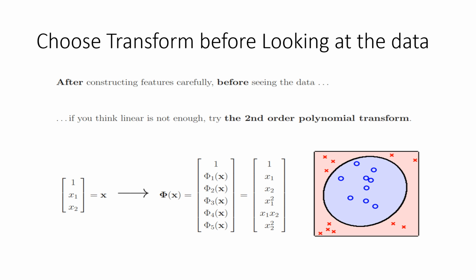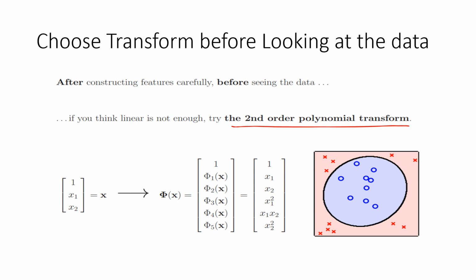Now, one recommendation is if the problem needs flexibility, and you think you cannot do it with a linear model, go to the 2nd degree feature transform. So if you think about the original example that we have, just try the 2nd degree polynomial, and then try to fit. As I said, we cannot decide before looking at the data.